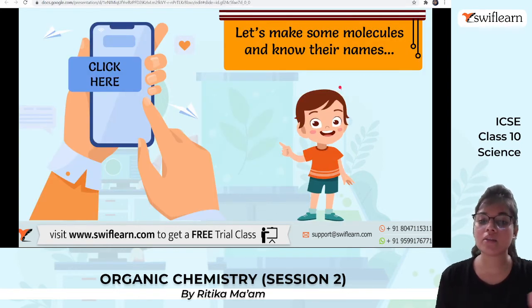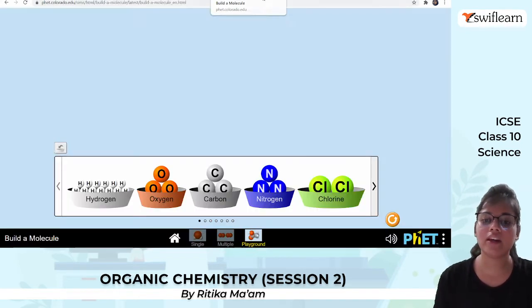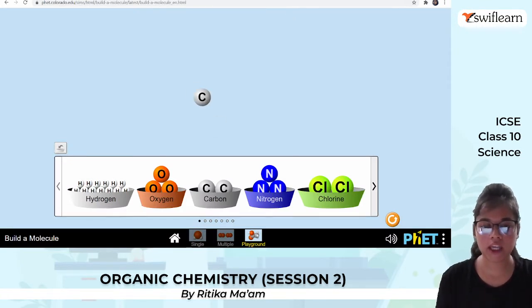Now let us make some molecules and try to know their names. Okay, so I will be picking up, let's say, 3 carbon atoms. Then we are going to add hydrogen atoms here.